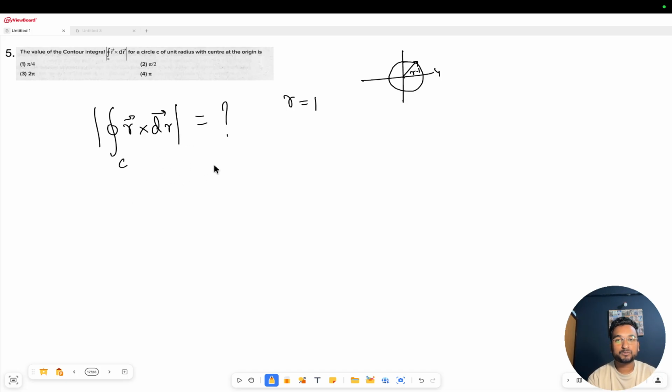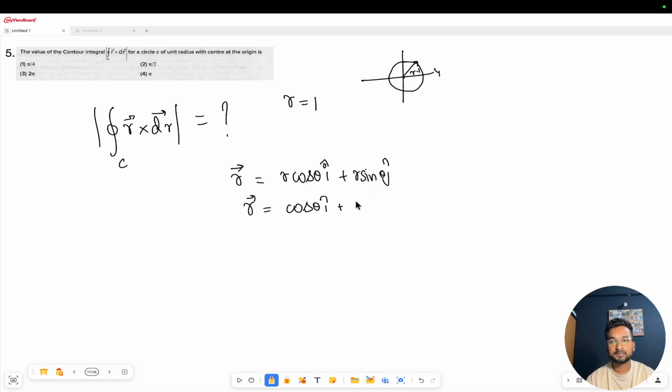Since it is a circle, as mentioned, you have to write the circle's position vector in polar coordinates. So it will be r cos theta i cap plus r sin theta j cap. But you can see that r is 1, so the r vector will be cos theta i cap plus sin theta j cap.